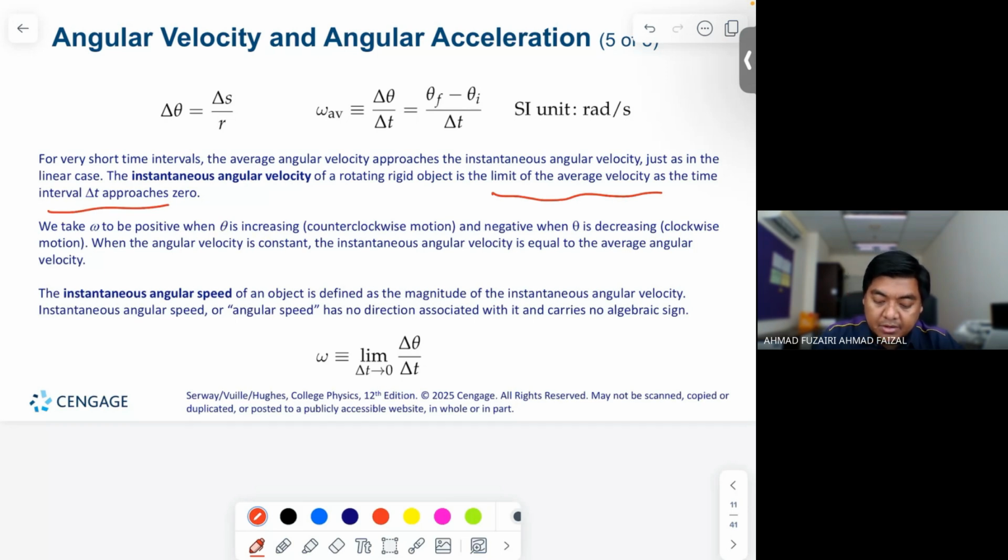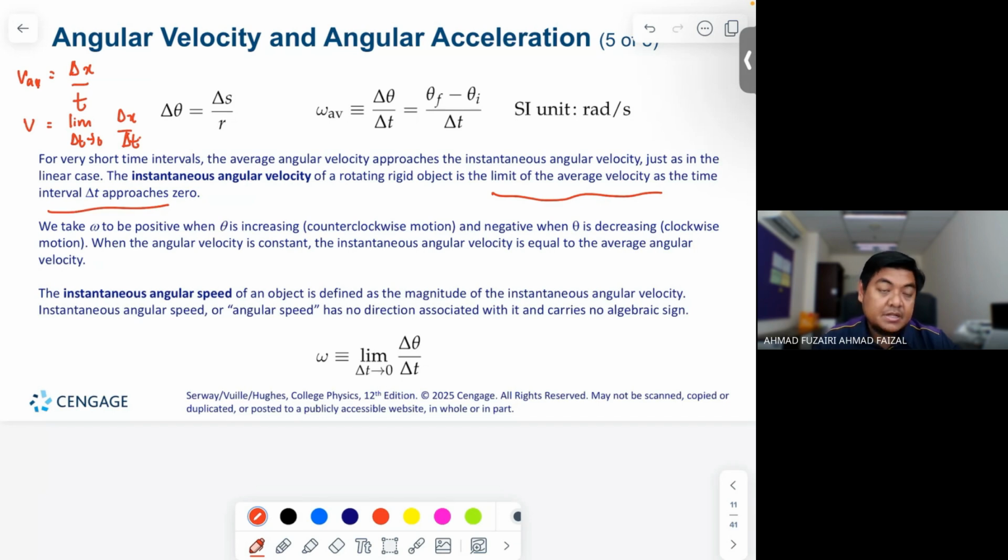I would like to recall that the average velocity in linear motion is v average equals delta x over time. But if we want to find v, the instantaneous velocity, it is equivalent to the limit of delta t approaching zero of delta x over delta t.